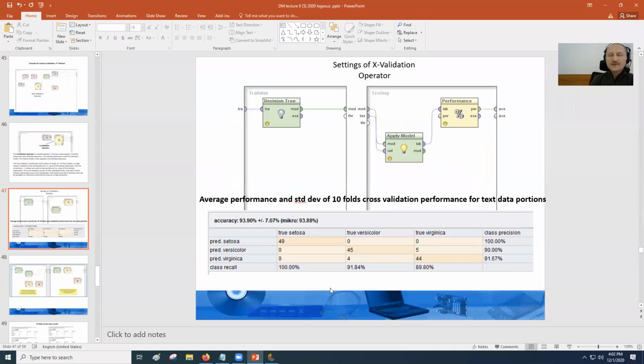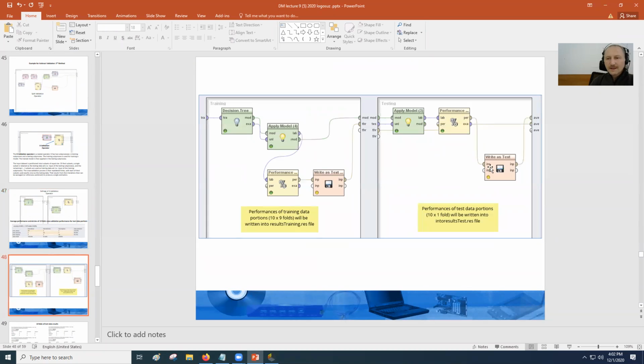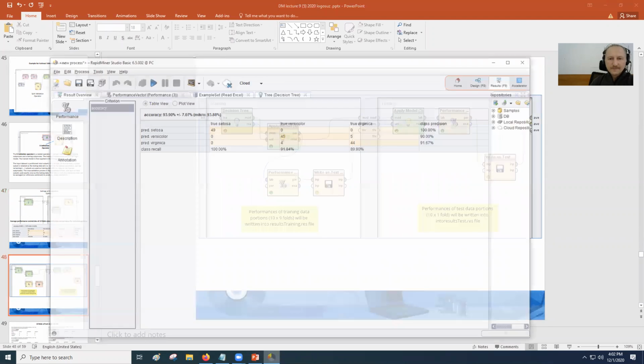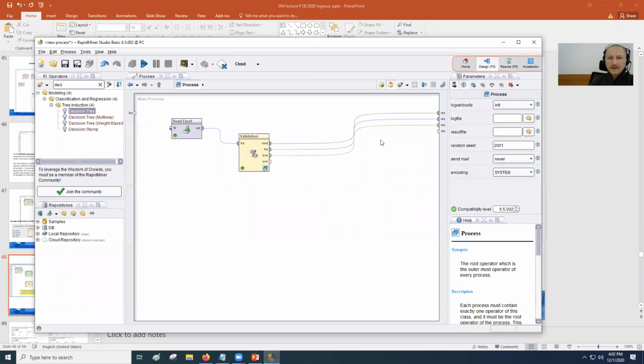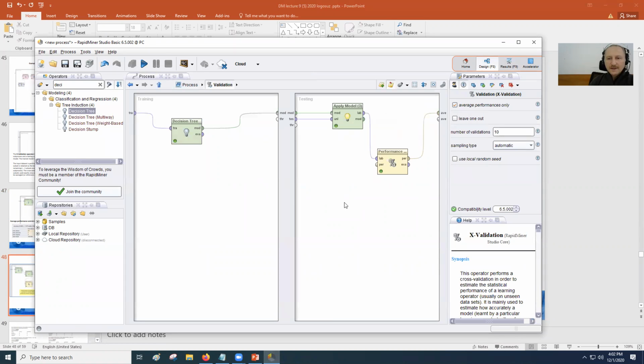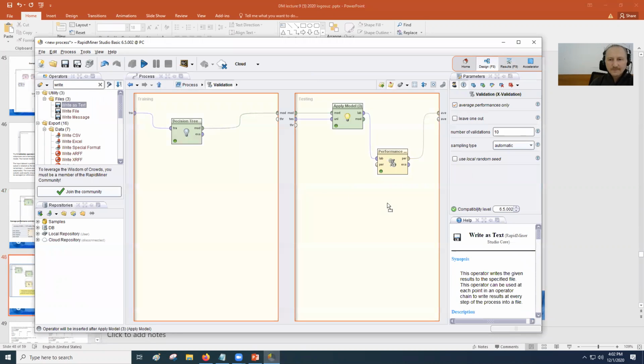So in the same way, let's do just one of them, for example this one. Let's enter inside and then write. If you want to see more detail, write the text.